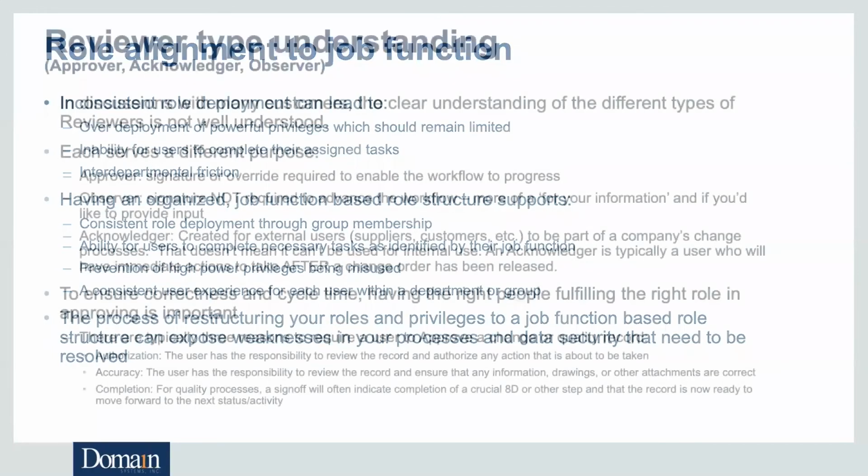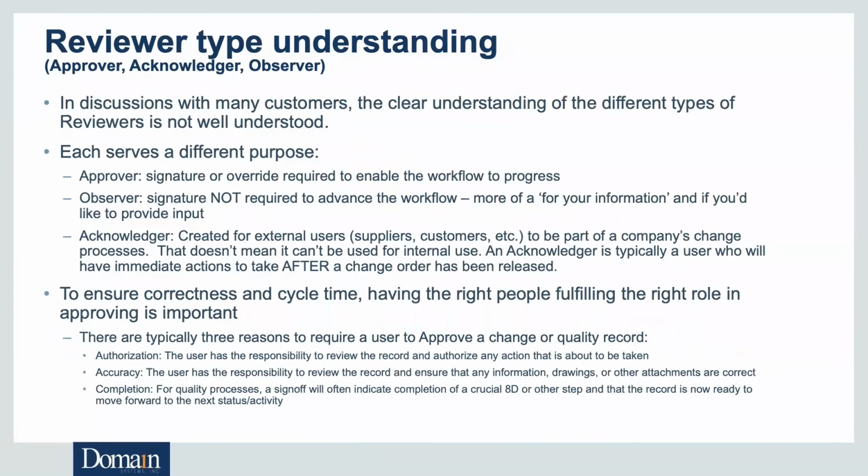Next, now in the workflows and relative to the roles and privileges, we find that there is a misunderstanding in a lot of cases around different reviewer types, right? So understanding what those reviewer types are is important.